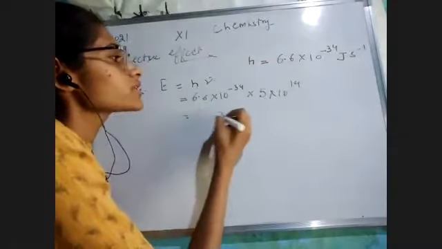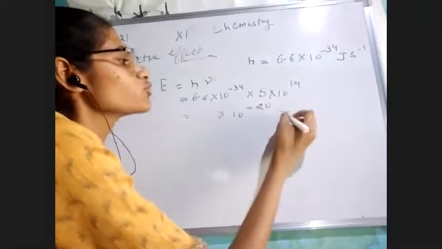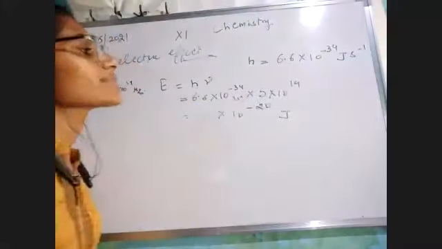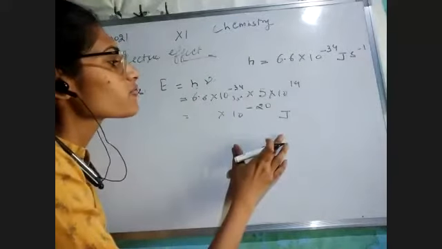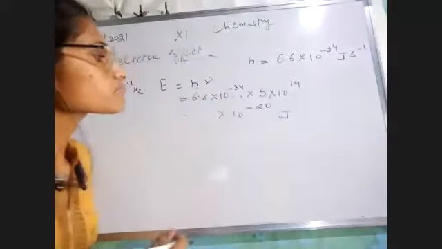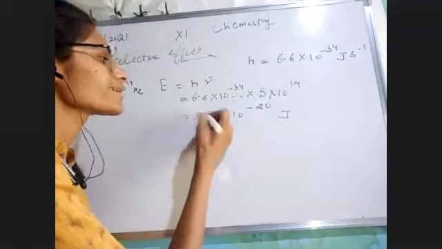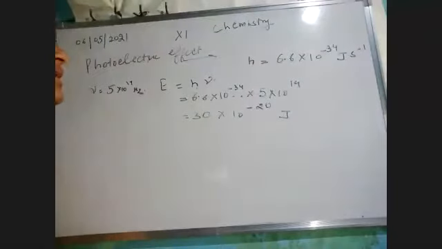So we would solve it. It would be around minus 20 joule, because this is joule second and this is per second, so they cancel out. This is our hertz. So it would be the energy in the form of joule. We would solve it, I think it would be almost 30 point something. Okay, so this is our first numerical.